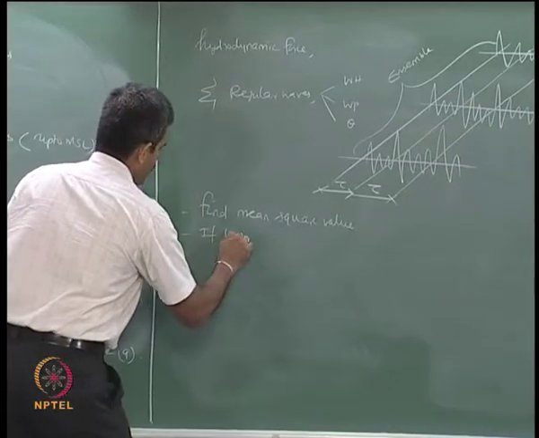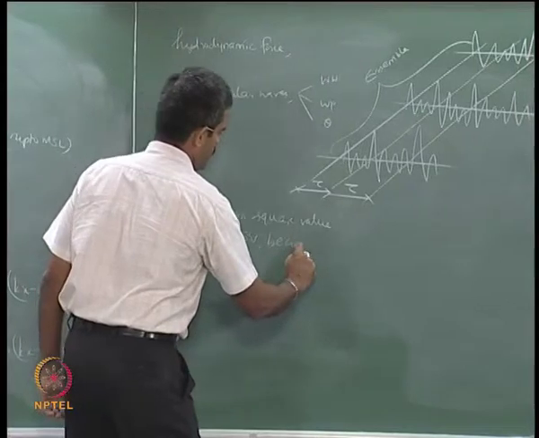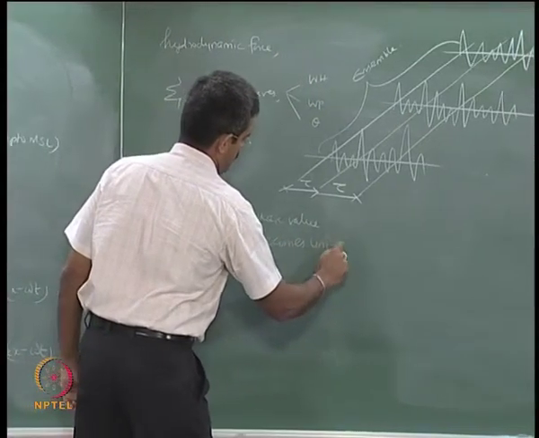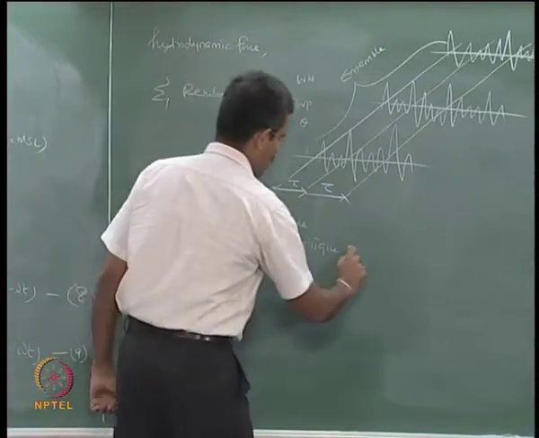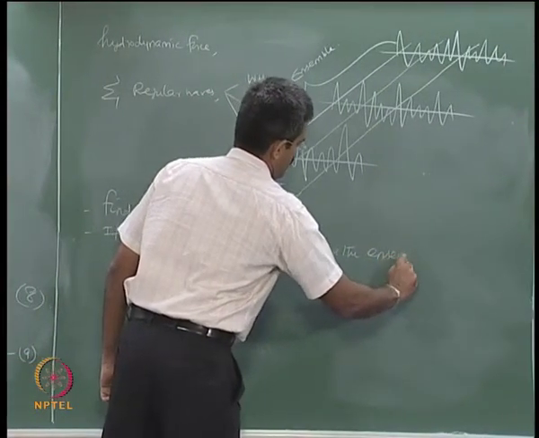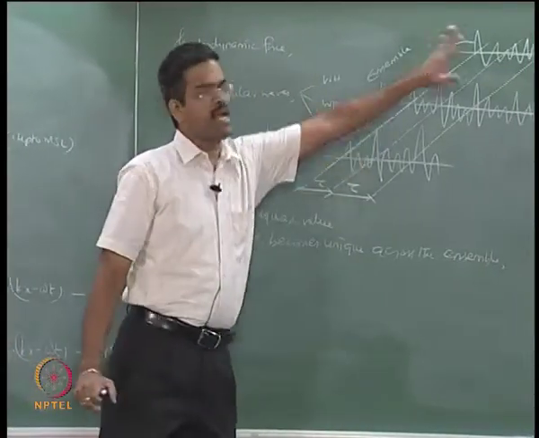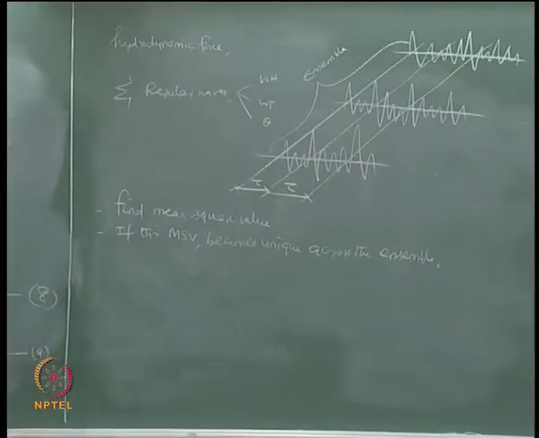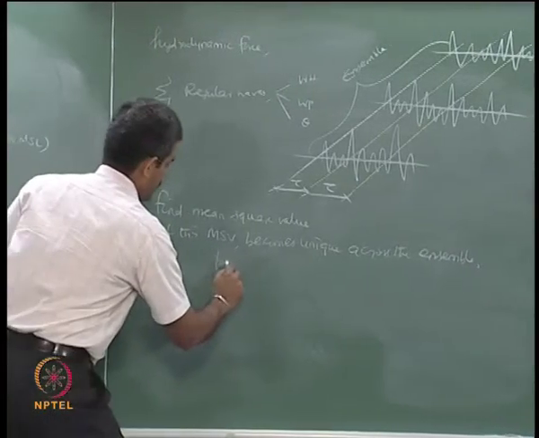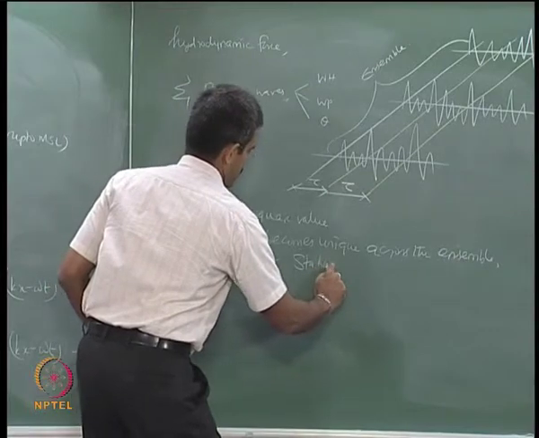If this mean square value becomes unique across the entire ensemble, then I call this process a stationary process.